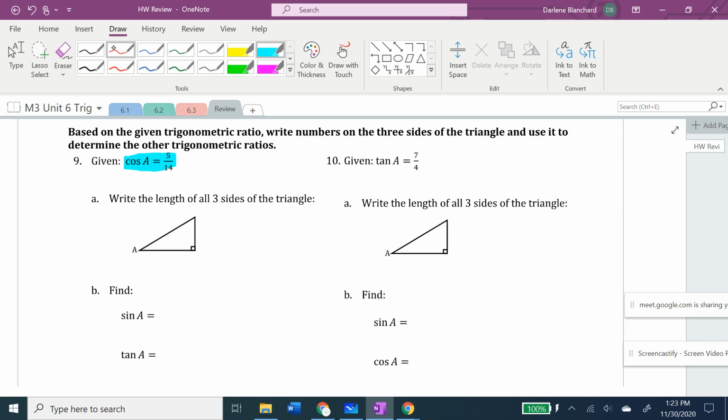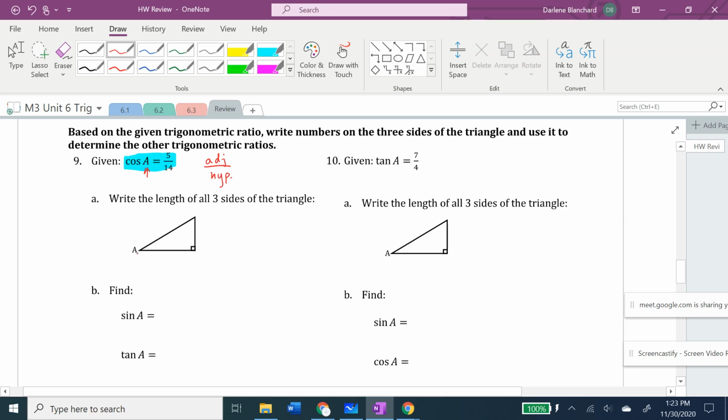Cosine is what side over what side? Cosine is adjacent over hypotenuse. Good.